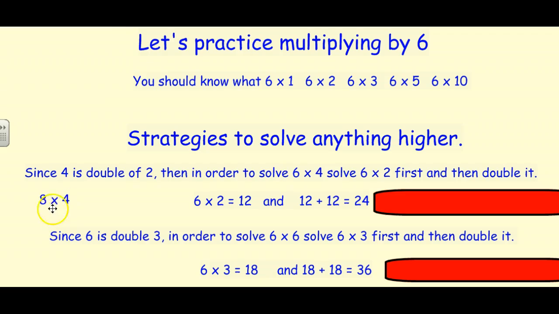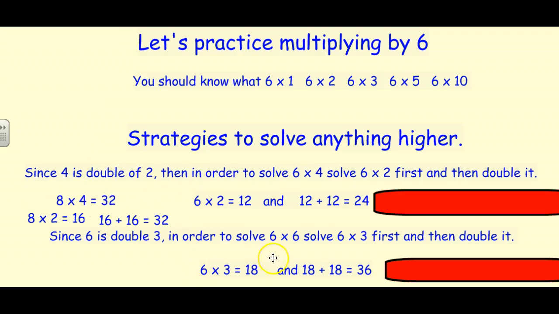So 8 times 4, I'm going to change it to 8 times 2, and I know 8 times 2 is 16. Now all I need to do is double my 16, so 16 plus 16 will give me my answer of 32. So the answer to 8 times 4 is 32.